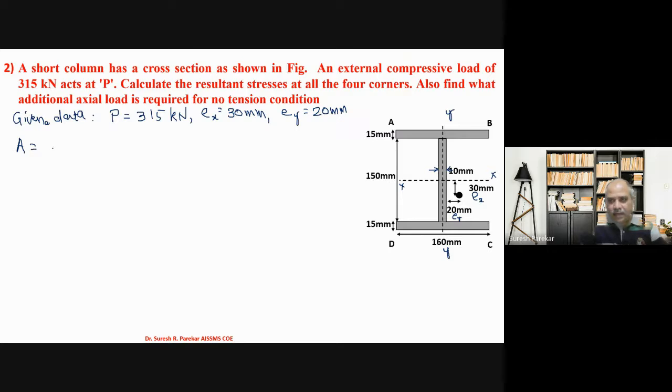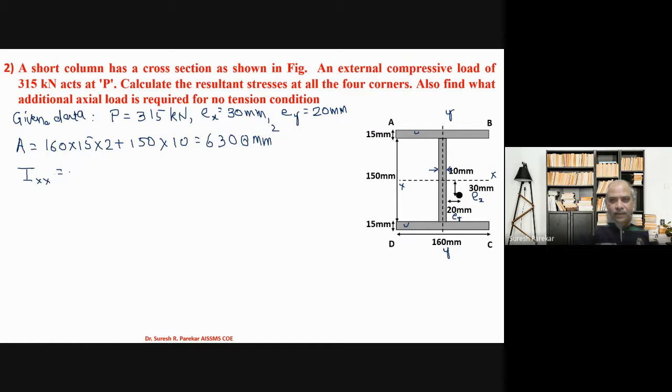Now we can find area of this, which will be equal to 160 into 15 into 2, because we have two flanges 1 and 2, and plus web we have 150 into 10, and we will get this total area that is equal to 6300 millimeter square. Then we will find Ixx.